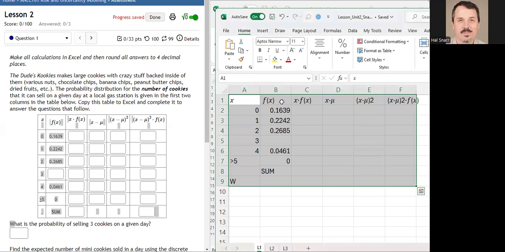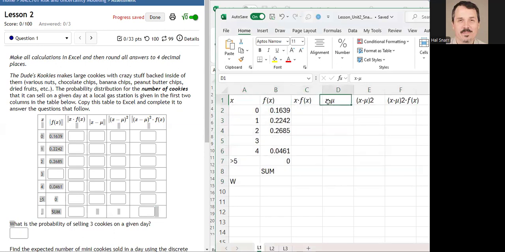Now I have to fix the formatting here. So this is x minus mu. I'm going to change that font to symbol. When you type symbol for the font, you get the Greek letters. And then I'm going to drag this over here, and change this to x minus mu and then a 2.